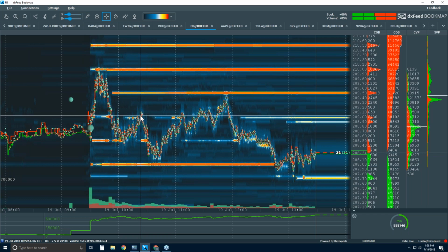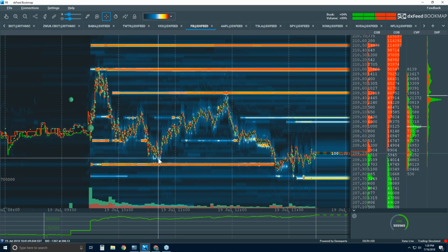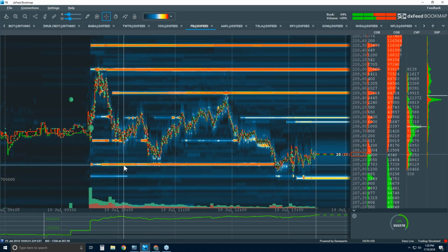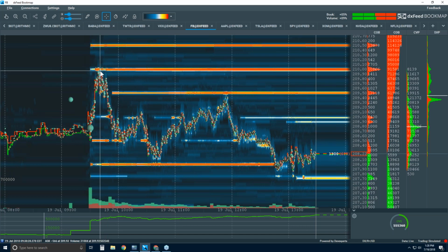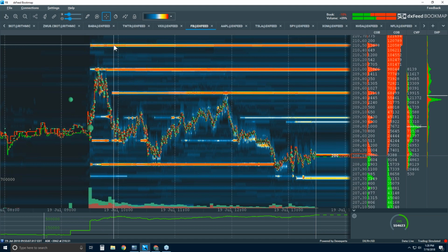Then it did trade through, but it comes down to the next level here at 208, the figure. Here's the target, the higher liquidity at 210, and just shy of it. And up here you can see it never reached 210.50. So live market, same example.